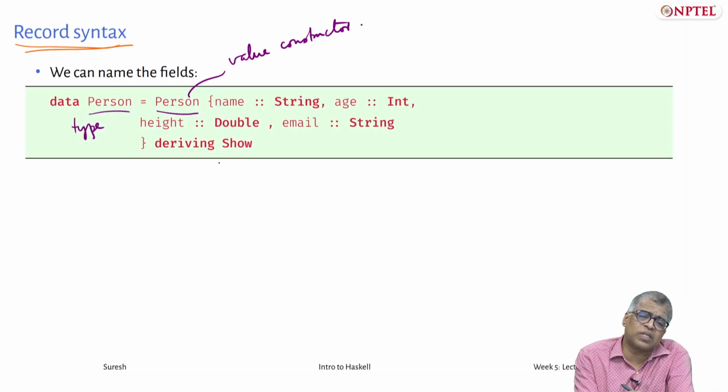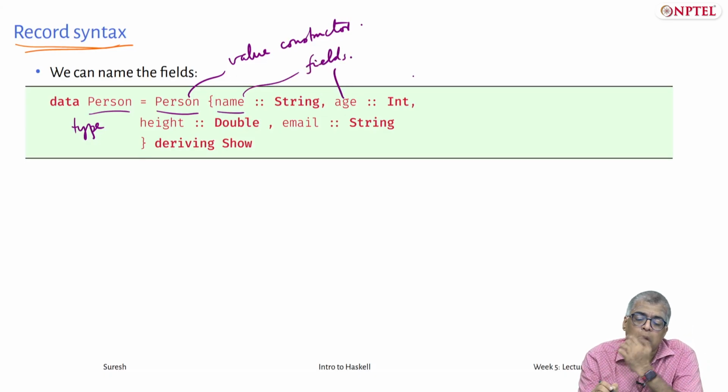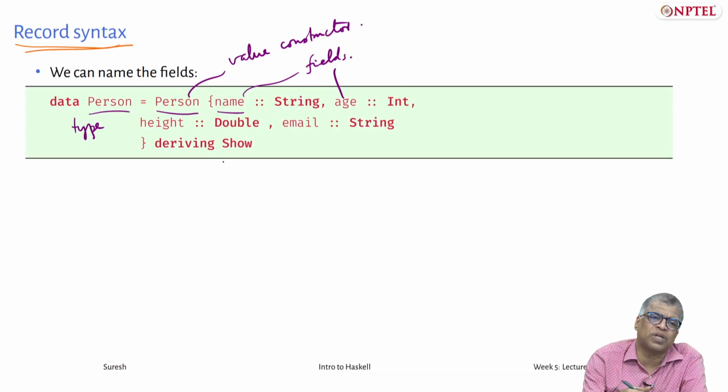Then within braces, you provide the name of each field. These are all fields. And then the type. So you say name of type string, age of type int, height of type double, email of type string. And then you say deriving show.